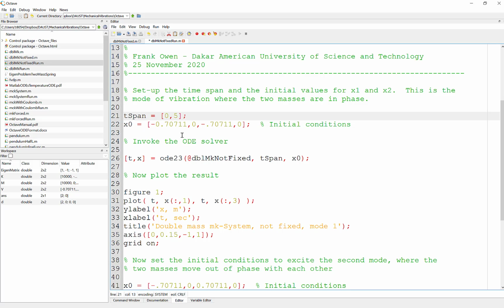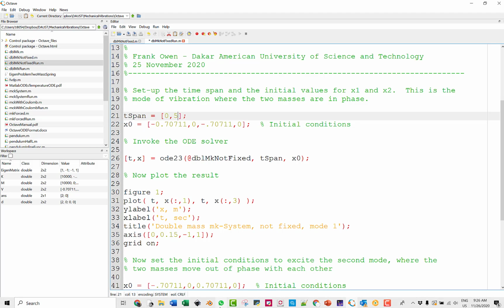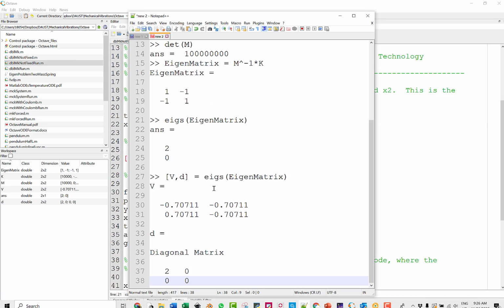And then my x0 is given here, and if you look at this, these are my initial conditions for my masses, and actually what I've done is I've simply copied the ones that we got from our eigenvectors. So I'm putting them in as initial conditions.